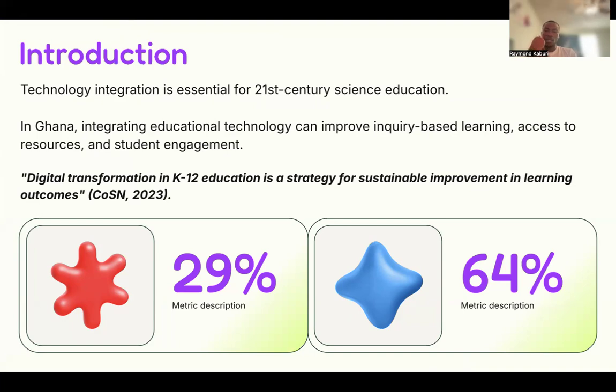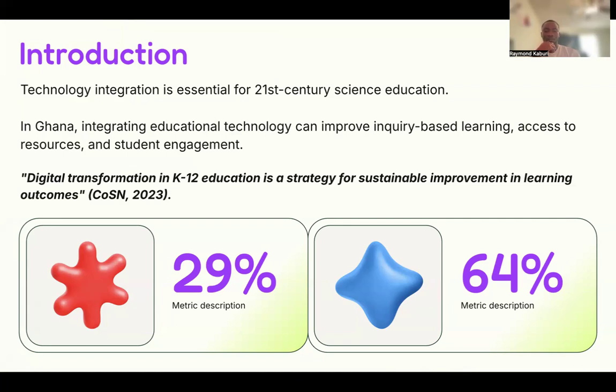And according to CoSN 2023, digital transformation in K-12 education is a strategy for sustainable improvement in learning outcomes. Between 2023 and 2024, it was diagnosed that Ghana, for example, has infrastructure challenges of about 29% for the junior high school level and 64% for the senior high school level, which is so huge.